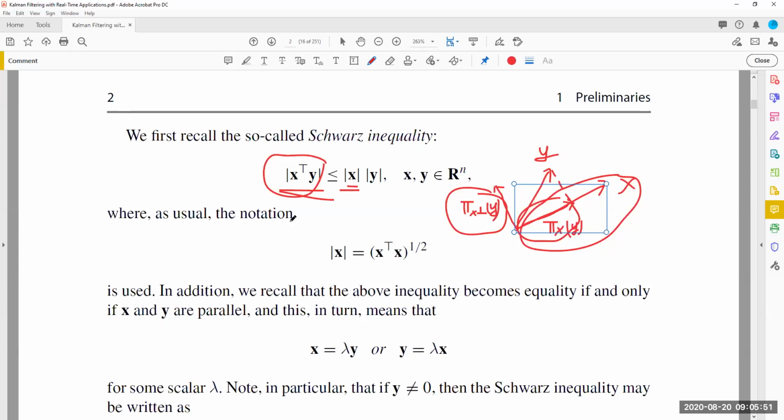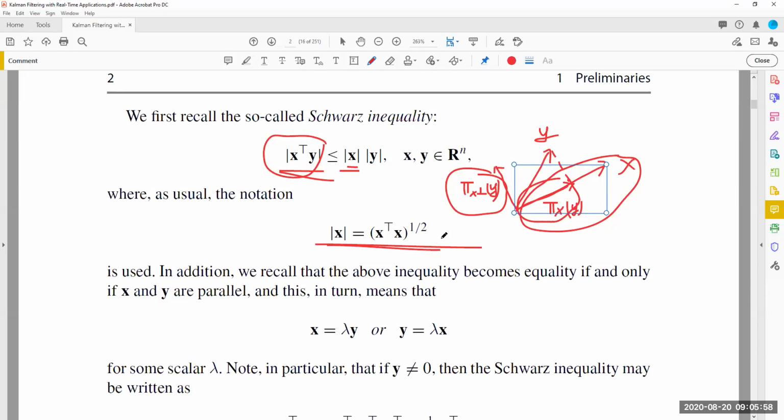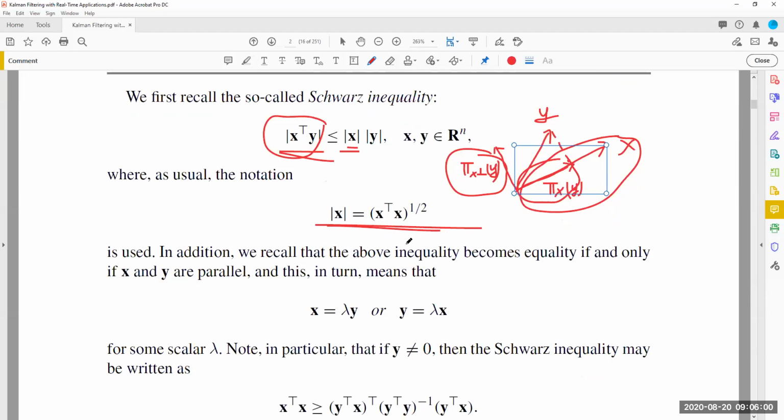Here it means two-norm: the inner product and the vector two-norm. When it becomes equal, it's very easy to see: if the vector y is in the same direction as x or the opposite direction, the Schwarz inequality becomes equality.